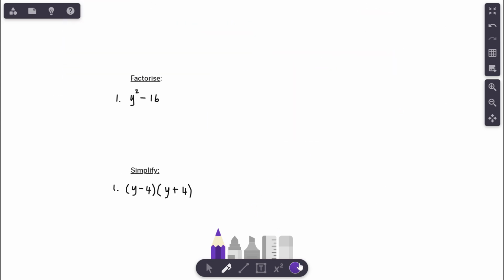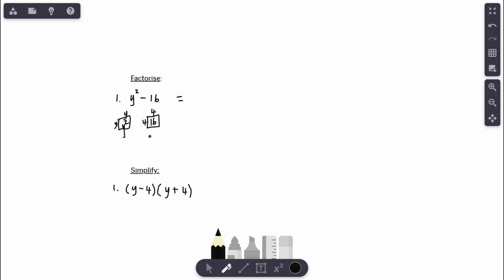So let's say we've got that example over there. We need to factorize the following. Well, how do we immediately know that it's a difference of two squares? Because we can represent y squared as a square that has side lengths y and y, and we can represent 16 as a square that has side lengths of 4 and 4. My area there would be y squared, and my area there would be 16.